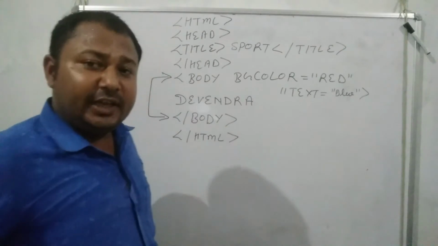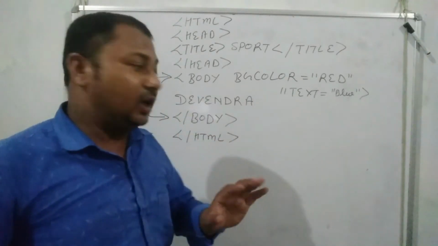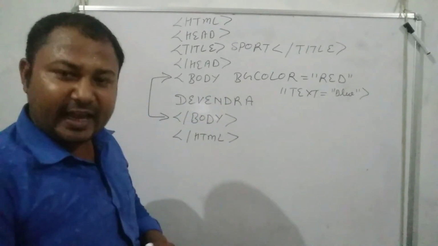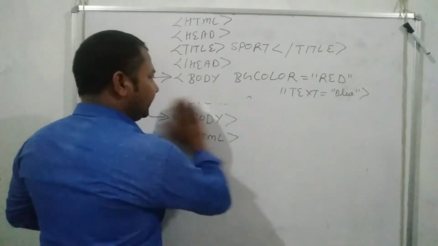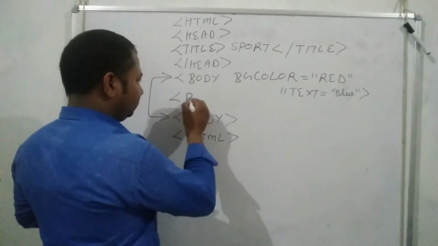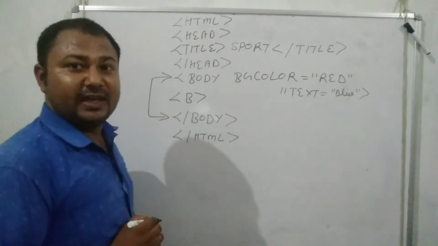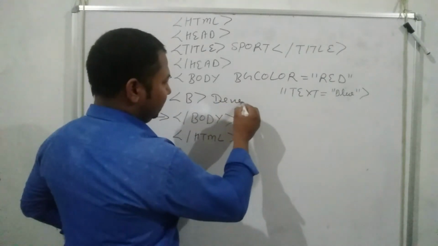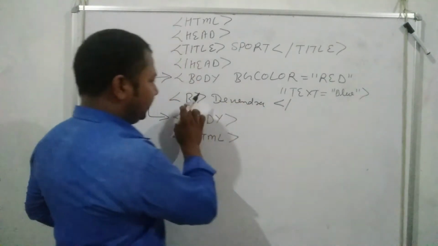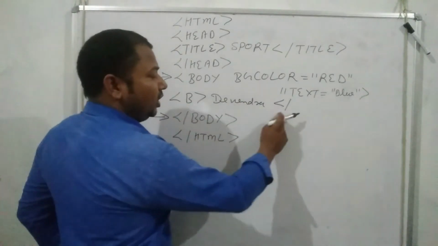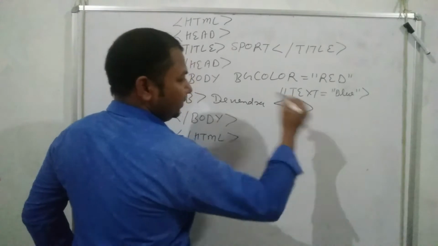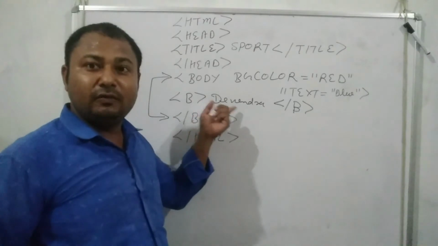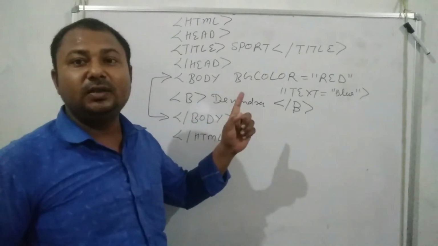My dear student, if we want to show this Devendra Kumar in bold, we have to write only and only B. B for bold. And after that, the bold tag will close. When we run this code, this Devendra will appear in bold text.